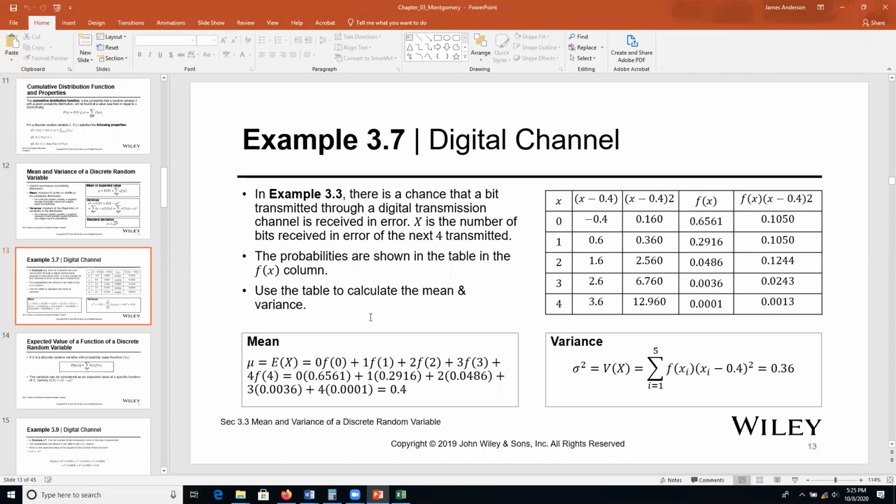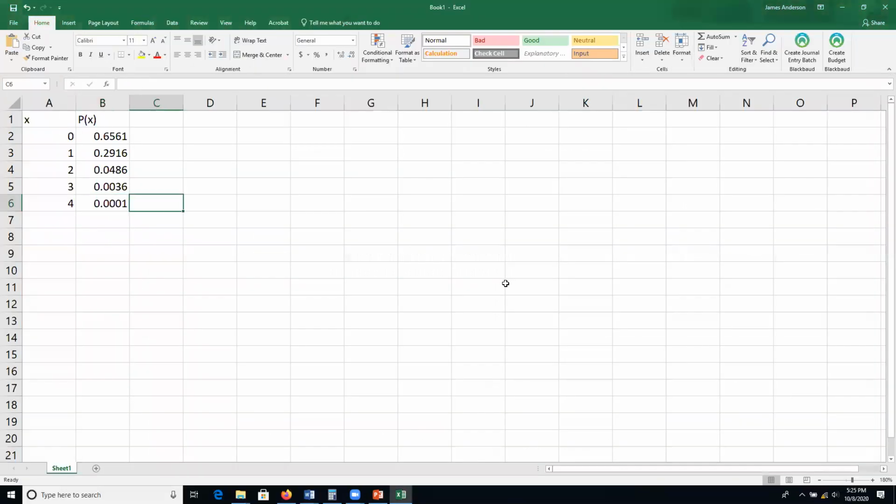So what I would do is plug this X value into my probability and do that for each one of them. And I would get basically the mu. Expected mu is what I'm calculating.